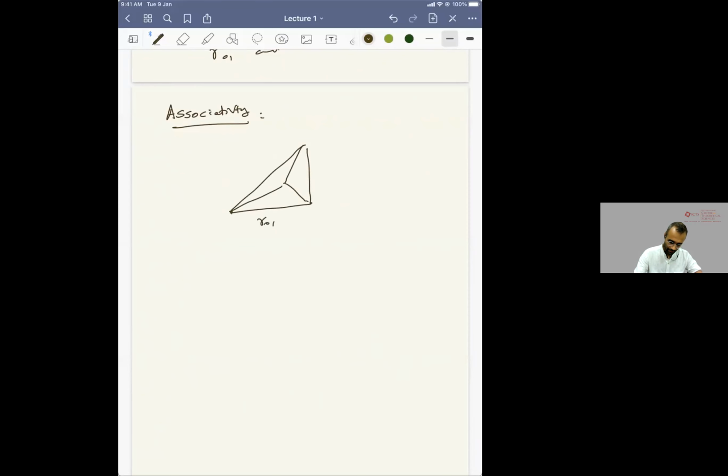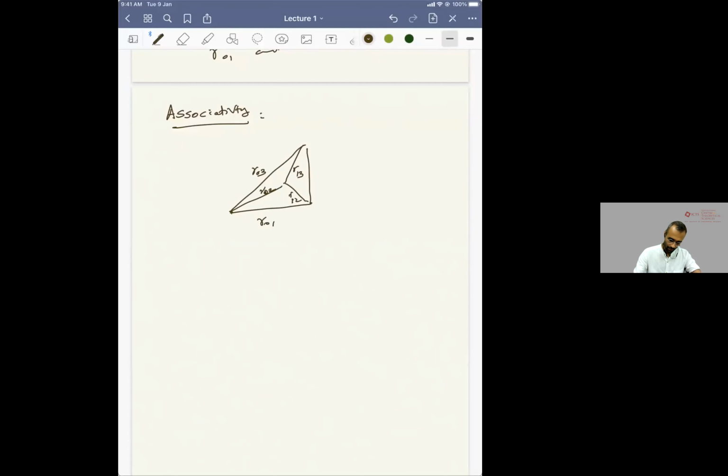If you have simplices gamma 0,1, gamma 1,2, you can first combine them to get gamma 0,2. And then you could take another simplex gamma 1,3 and multiply gamma 0,2 with gamma 1,3 and choose a composite of those two, which will give you gamma 0,3. That's one possible way to do it. But you could also have done the other way around.